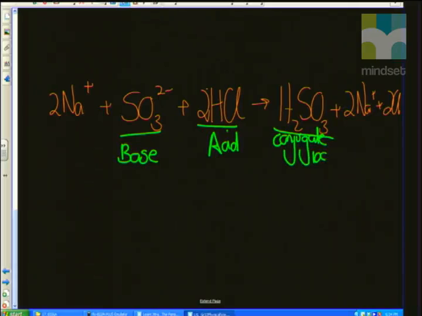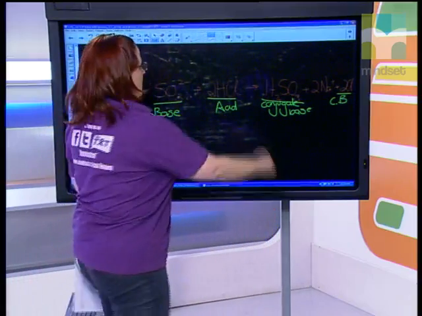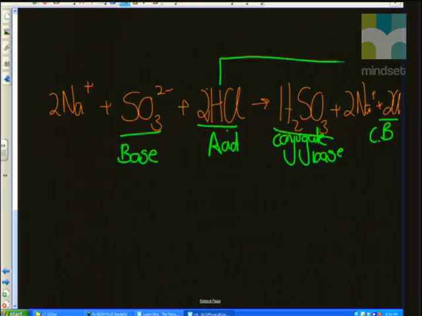I'm not quite finished yet. And the Cl-, which I've squeezed right in at the end, has become, I'm just going to put CB, conjugate base. I'm still not done, because they wanted us to identify the pairs. The HCl goes with the Cl-, and this is my conjugate acid-base pair.